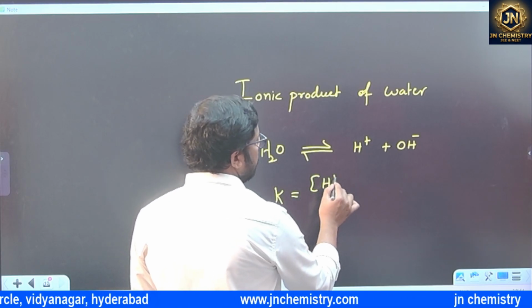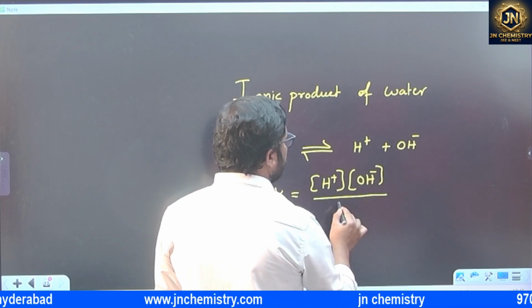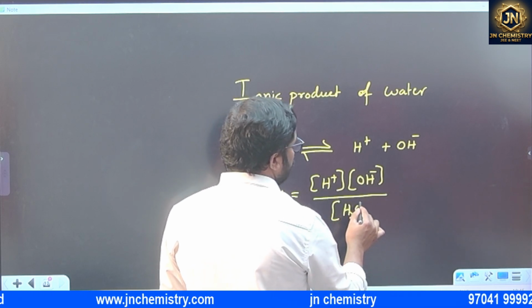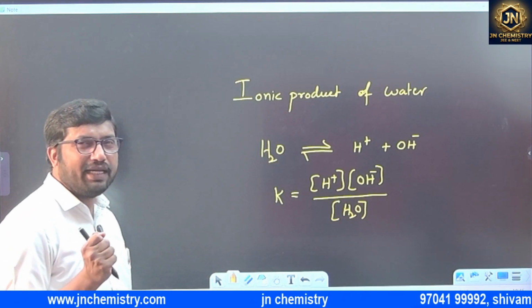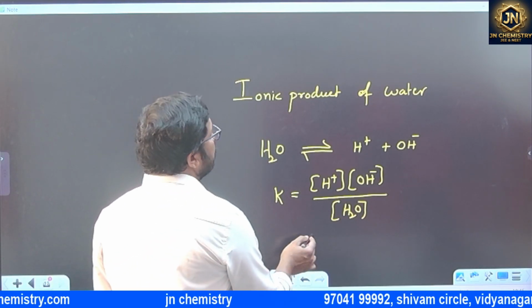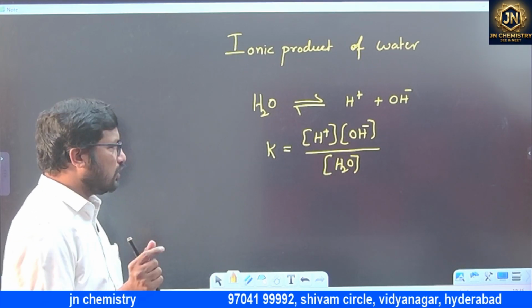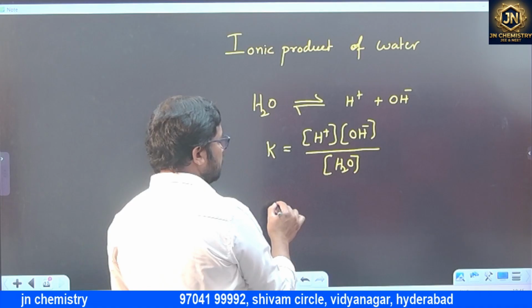H plus ion concentration, OH minus ion concentration by H2O. But dissociation of water is highly negligible, so we will take H2O as almost constant. So K into the constant, both are constants, we'll write KW.